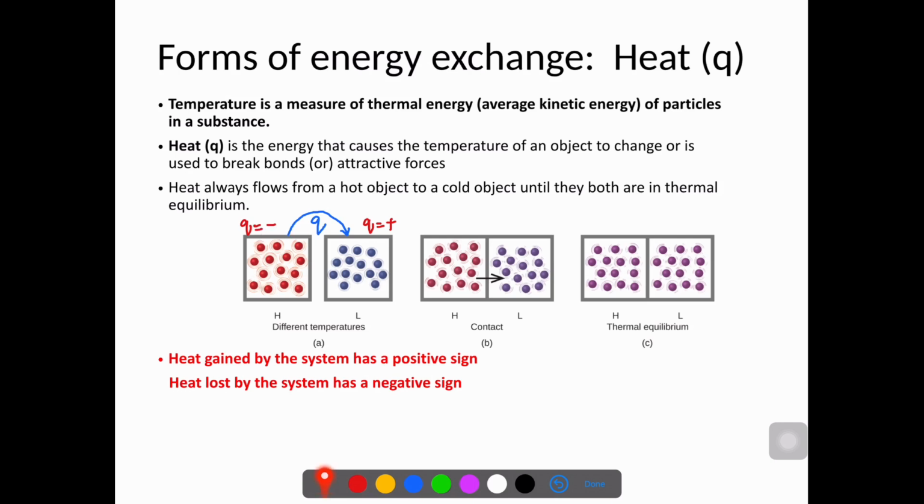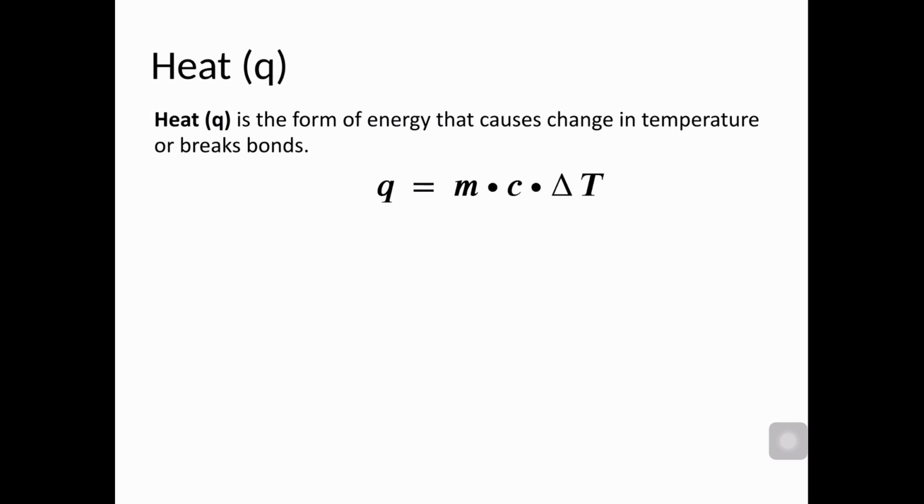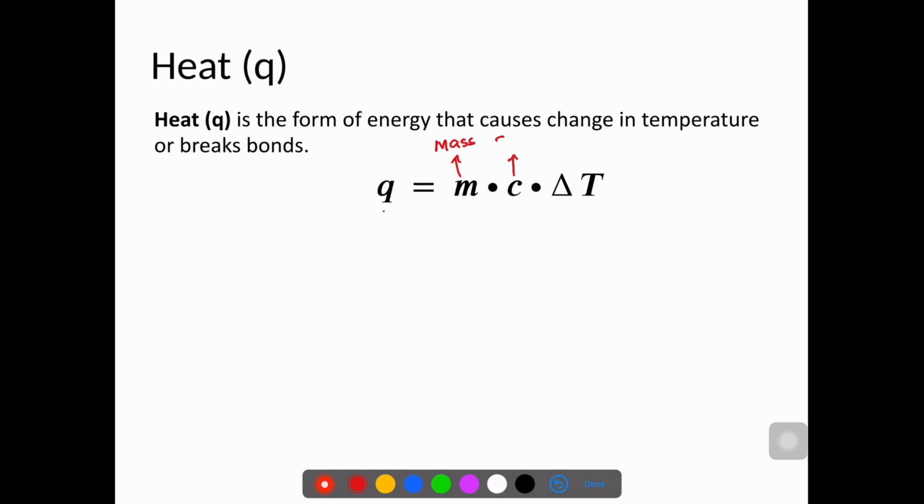All right. Now, how do we calculate Q? Is there a formula to calculate Q? Yes, there is. Heat can be measured using this formula. Q, which is heat lost or gained by a substance, is equal to the mass of the substance, so m stands for mass, times the specific heat of the substance, times the change in temperature of that substance.